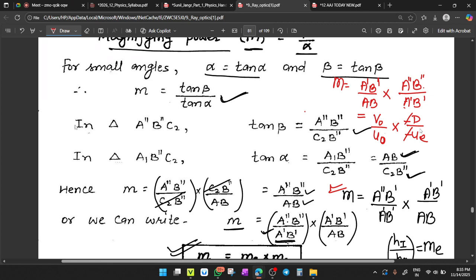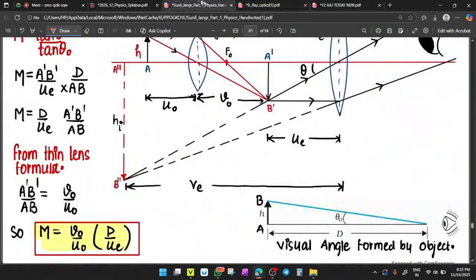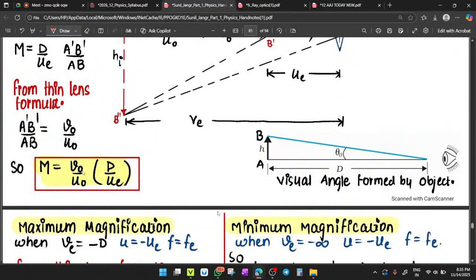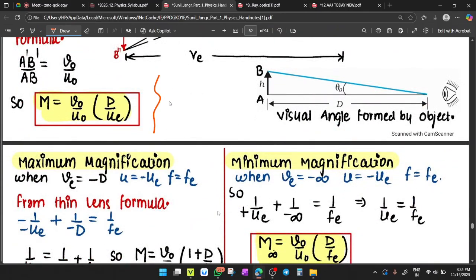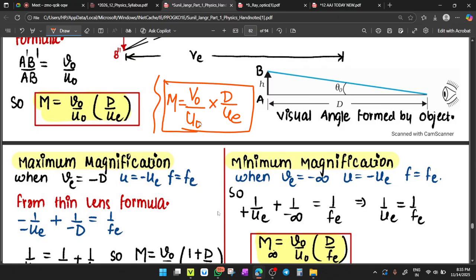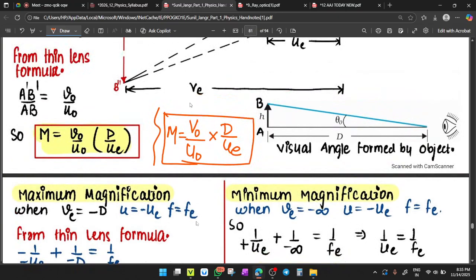So you can cancel it, and you will have the relation M equals VO upon UO into D upon UE. So make one more line: M equals VO upon UO into D by UE. Clear? One more formula: M equals MO into ME.